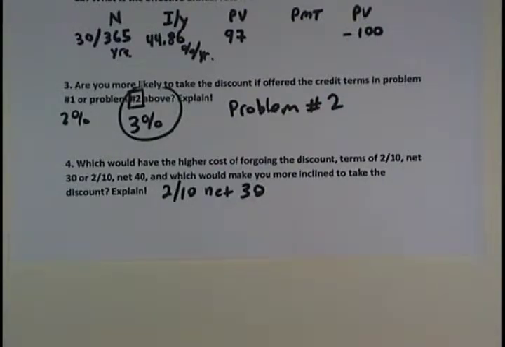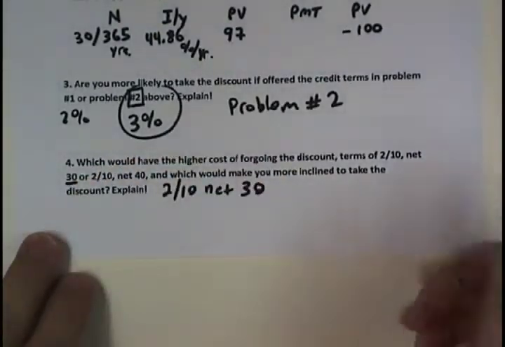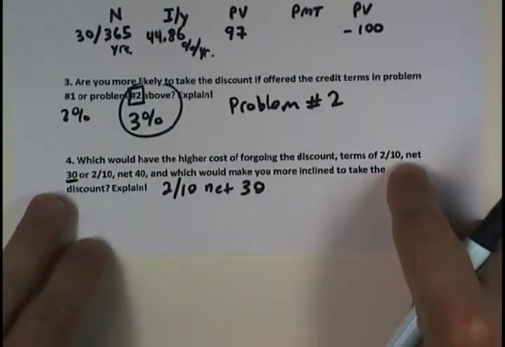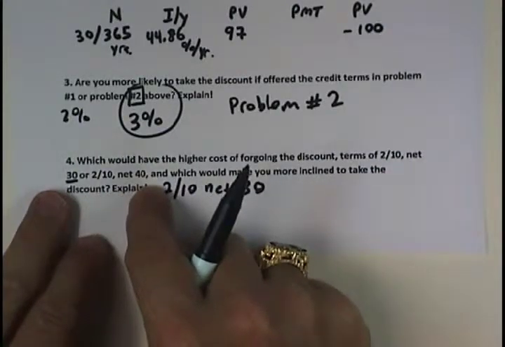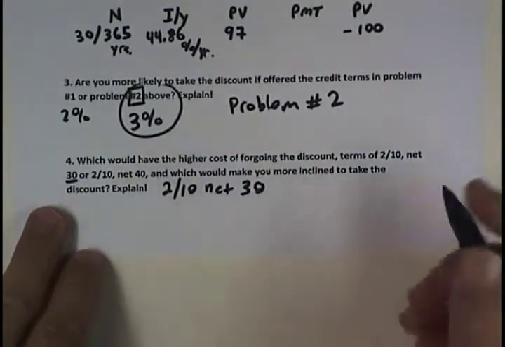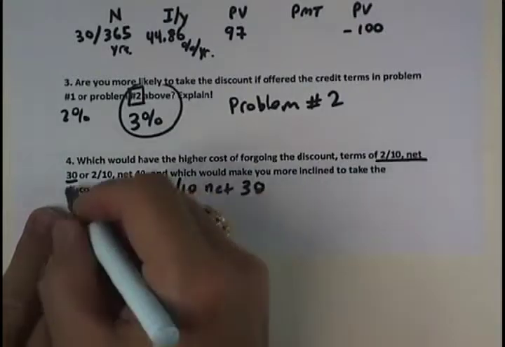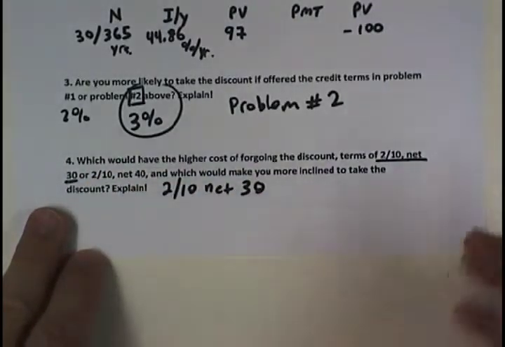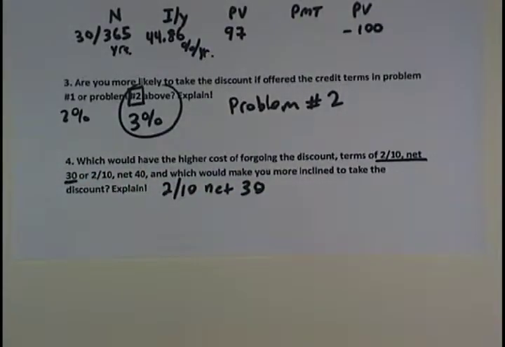So if I don't take the discount under 2/10 net 30, I'm turning around 20 days later having to pay that full invoice amount. If I don't take the discount under 2/10 net 40, at least I have 30 days later to pay the full invoice amount. So I really don't want to give up the discount under 2/10 net 30 because it only gains me 20 more days.